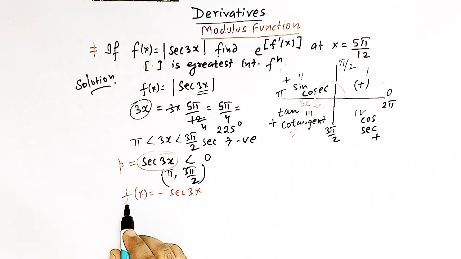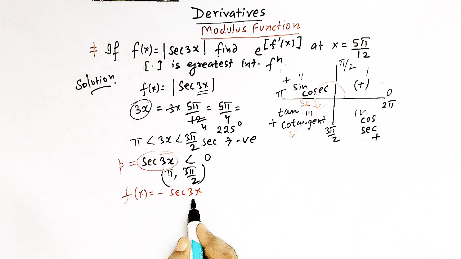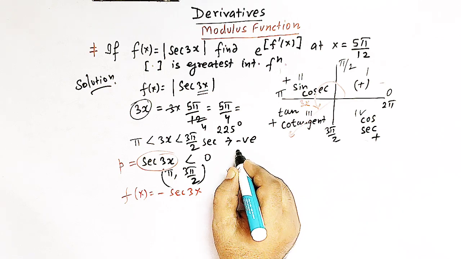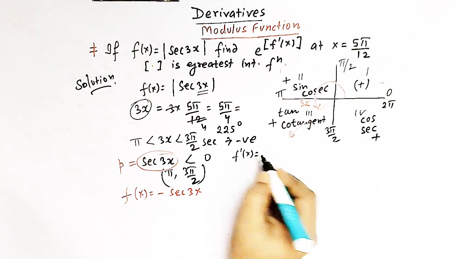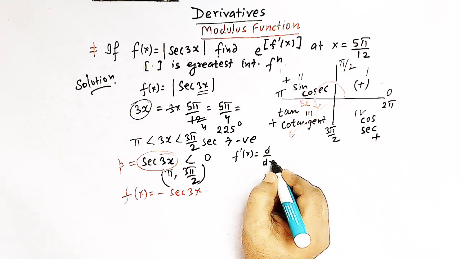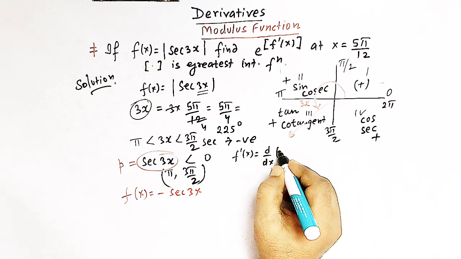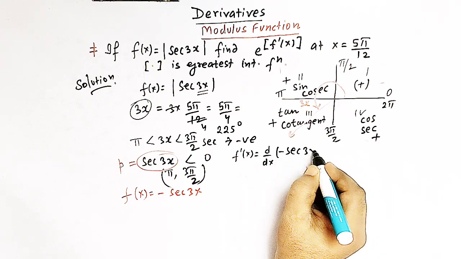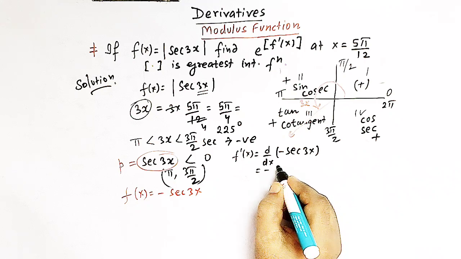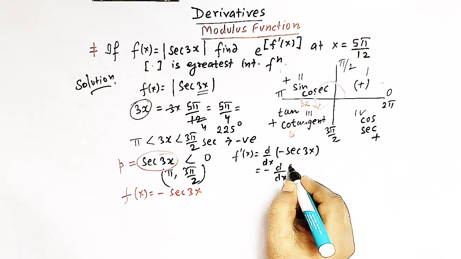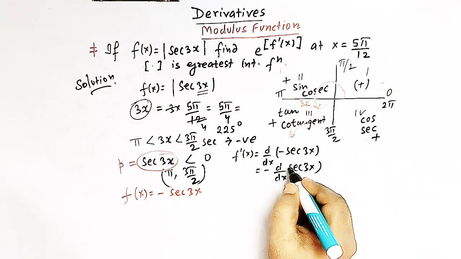So now let us differentiate f of x with respect to x. The derivative f prime of x is given by d by dx of negative secant 3x, that is negative d by dx of secant 3x.